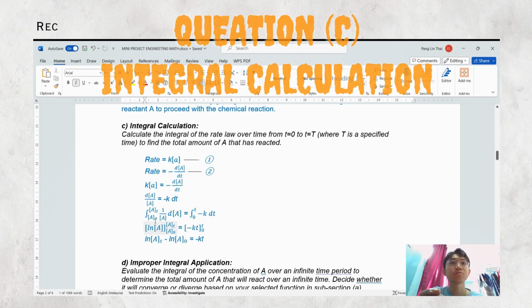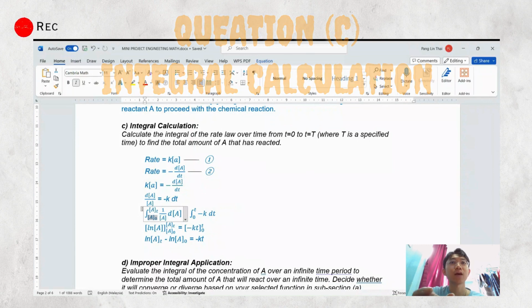Then it will be equal to the integration of negative K dt from 0 to t, where t is the specified time. After the integration, the answer will be ln A, evaluated from A naught to AT, equals negative Kt, evaluated from 0 to t.